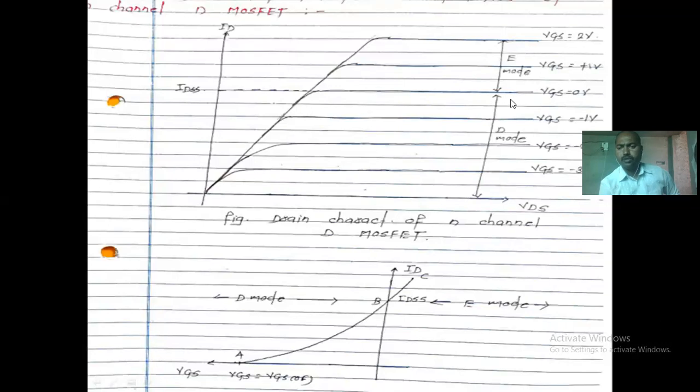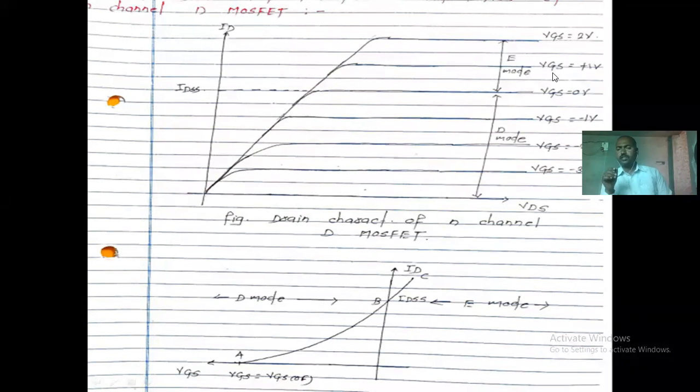One important thing is what happens when VGS is positive, when we apply a positive gate voltage. In that case, electrons from the P substrate travel towards the gate. So more and more electrons and holes recombine, and more current flows through the device.